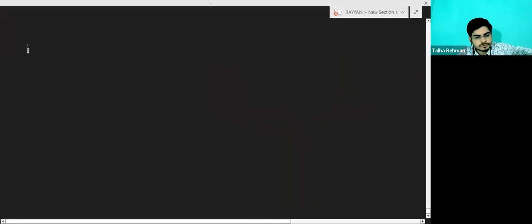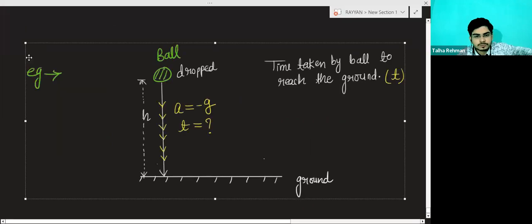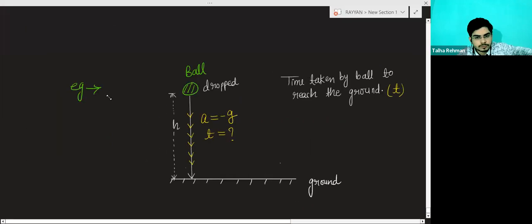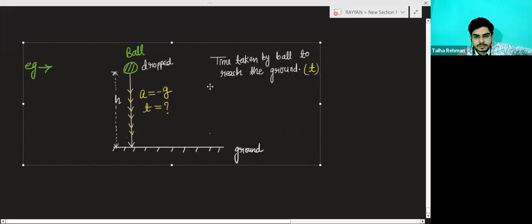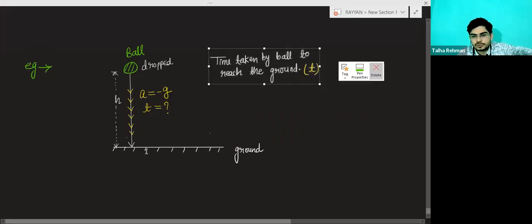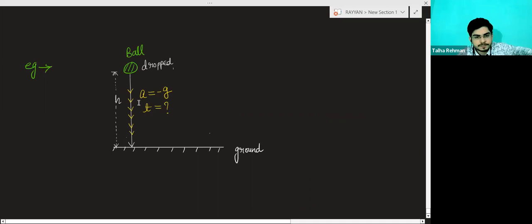After that, if the same condition is given to you, this is the ground and the ball is dropped from a height. For example, this pen is dropped from a height.